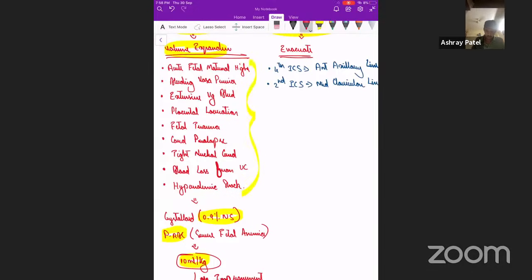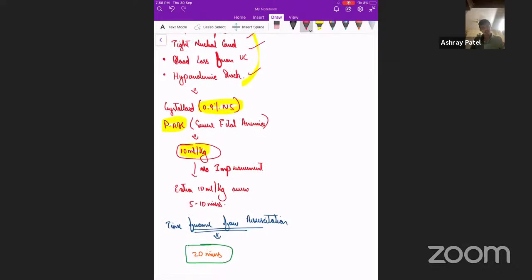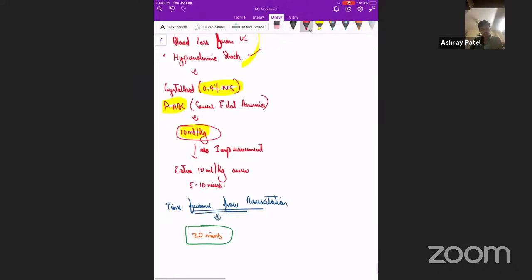There is a huge list, like acute fetal-maternal hemorrhage, bleeding vasa previa, extensive vaginal bleed, etc., which you can read. These are the indicators where the baby might be in shock, and volume expander might be needed. Give 10 ml per kg as bolus. If there is no improvement, you can give one more 10 ml per kg bolus over 5 to 10 minutes.